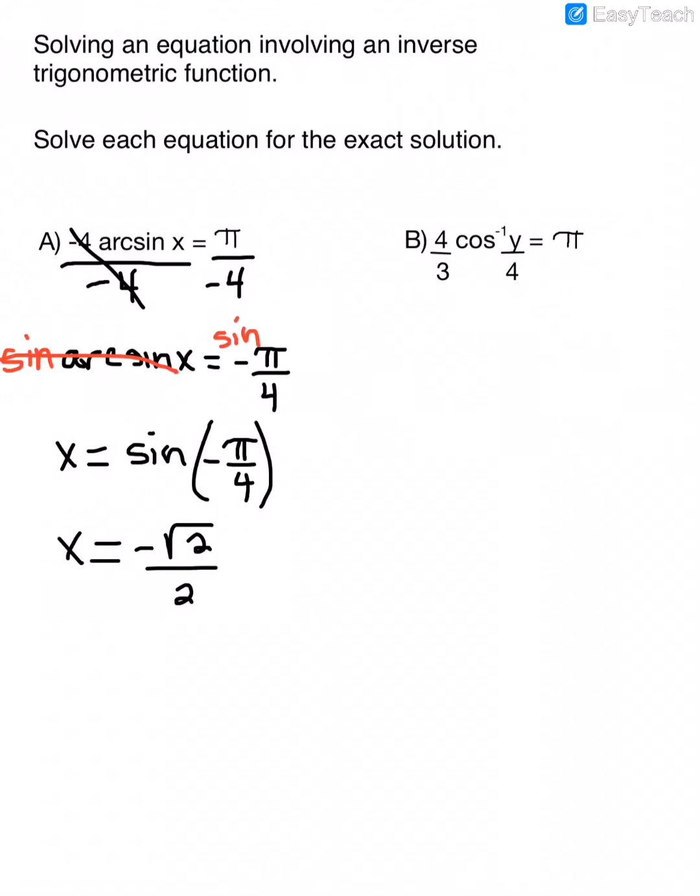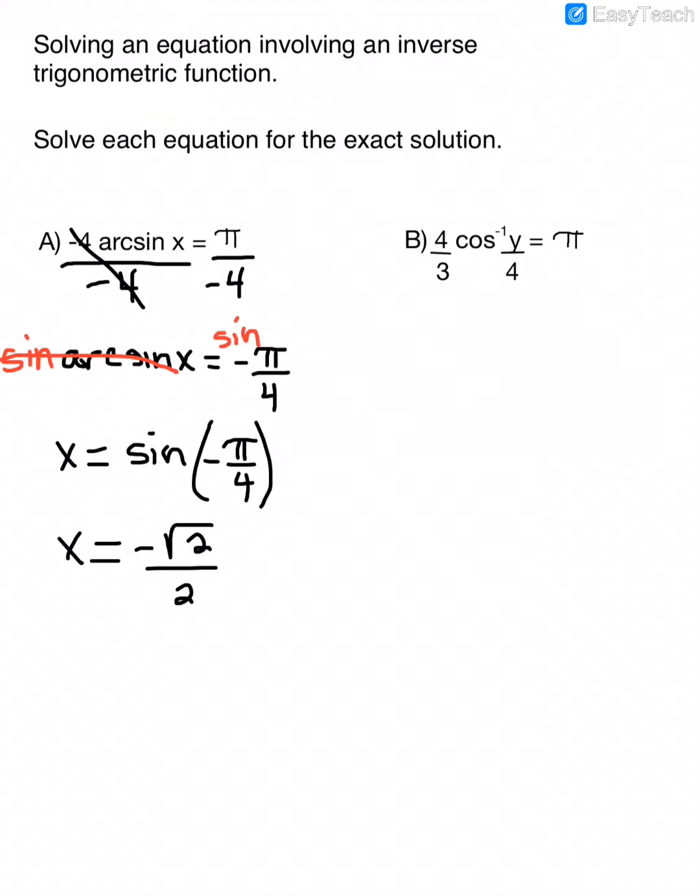All right, for B, we have 4/3 cosine inverse of y over 4 is equal to pi. All right, so the first thing we have to do is get y by itself. And 4/3 is being multiplied times that trig function.